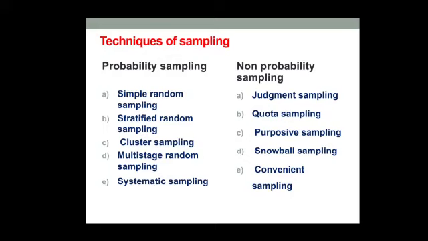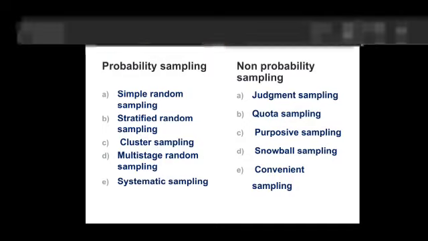Probability sampling techniques are simple random sampling, stratified random sampling, cluster sampling, multi-stage random sampling, and systematic sampling. And what are non-probability sampling techniques? That is judgment sampling, quota sampling, purposive sampling, snowball sampling, and convenient sampling. So we will go one by one.